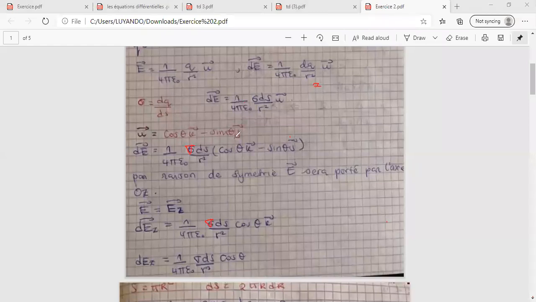Remember when I told you, when we have charge, it's either from a certain volume, or from a certain surface area, or the charge is along a line. And then we have the three constants. We have rho, we have this one, and we have lambda. Lambda is the charge along the line.